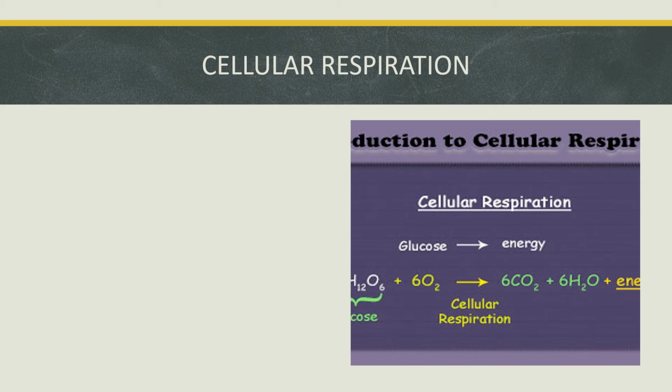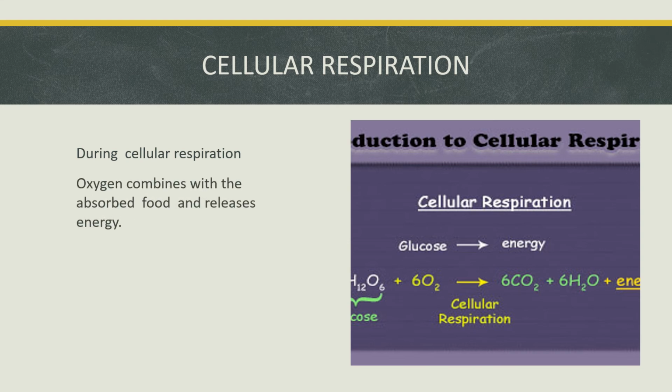As a result, energy and carbon dioxide are produced. This process that releases energy in the cells is known as cellular respiration. So cellular respiration is another part of respiration. The first part is breathing and the second part is cellular respiration.